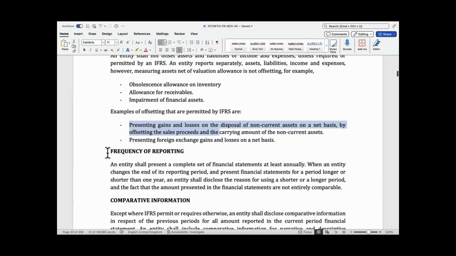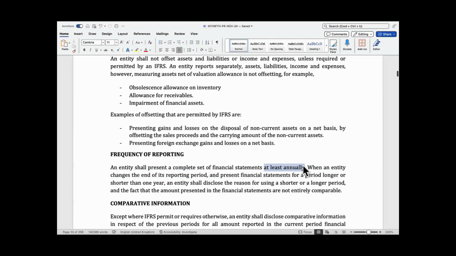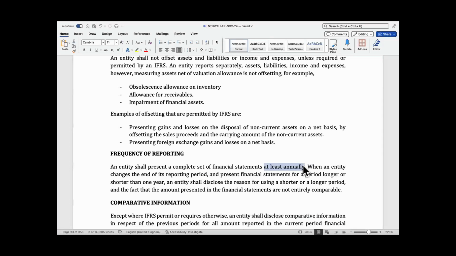Another important one is frequency of reporting. When we are presenting our financial statements, the requirement is that we present them at least annually. Of course, internally within your organization, you can do monthly management reports or quarterly reports, but for the users, at least annually, every year.